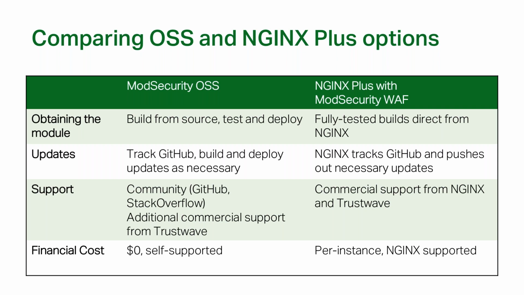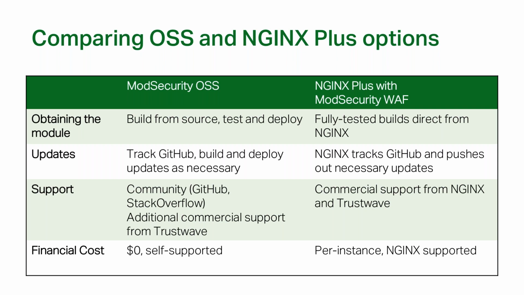We track GitHub. We work directly with the Trustwave support and professional services team to determine when it's necessary for us to push out updates to ModSecurity. And when that is necessary, we will create and test and deploy new builds and proactively notify all of our subscribers with information on the ModSecurity update.